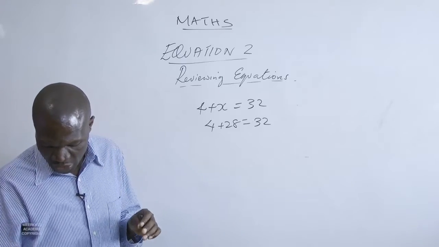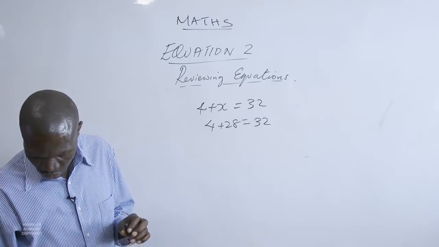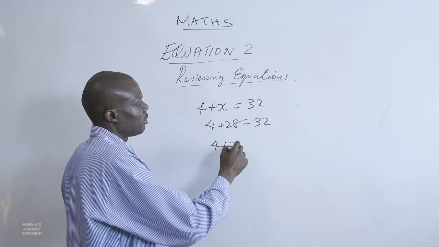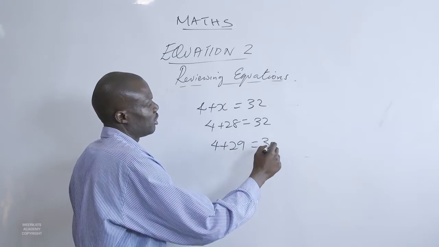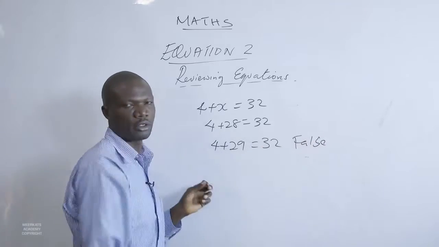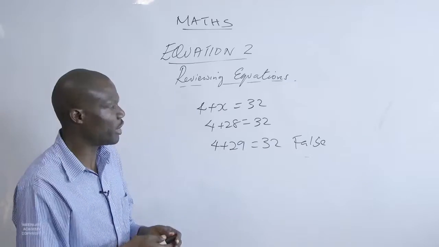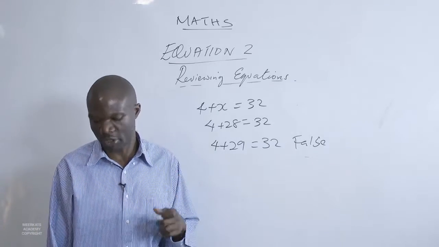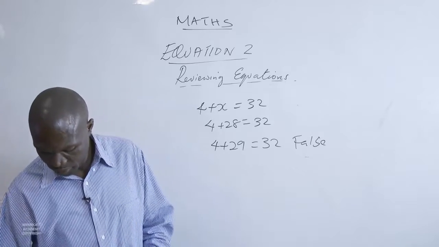However, if someone had said 4 plus 29 is equal to 32, this one would be false. So that's why we are saying some equations may be true, others may not be true.